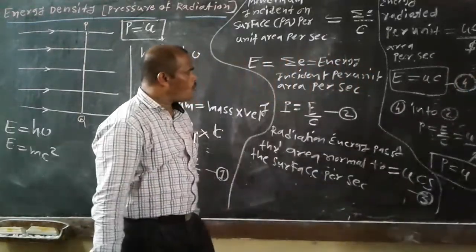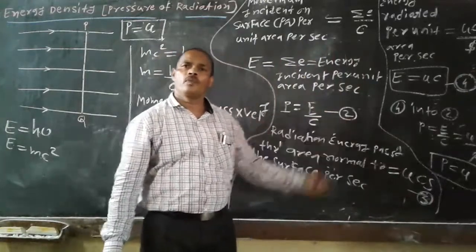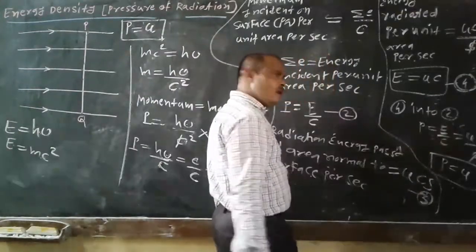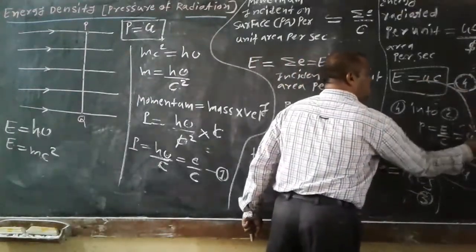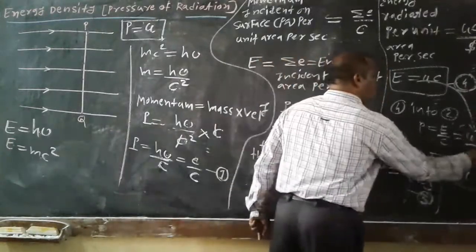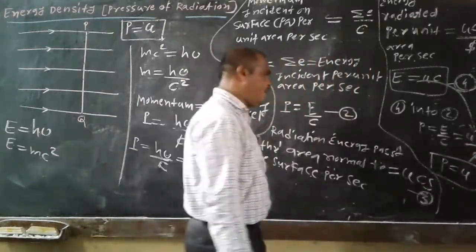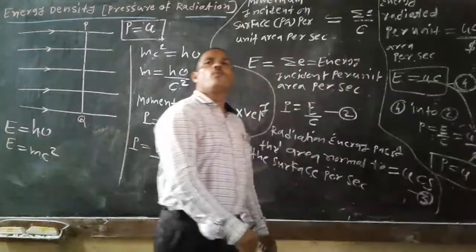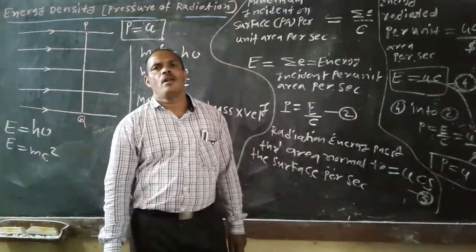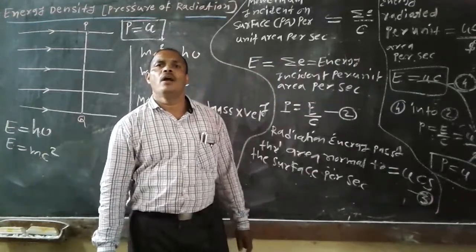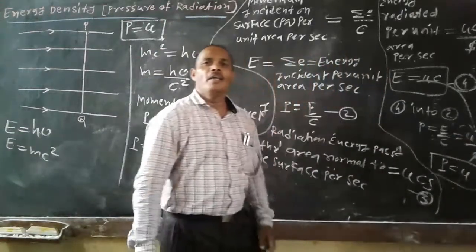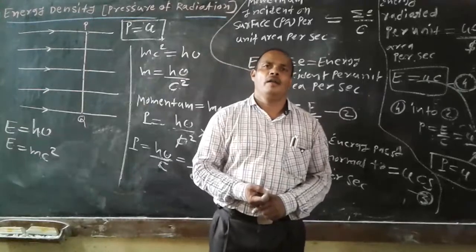Putting equation 4 into equation 2, we get P equal to E by C, and the value of E, that is UC, divided by C. C and C get cancelled, and we get P equal to U. Thus, the radiation pressure is equal to the energy density of radiation.